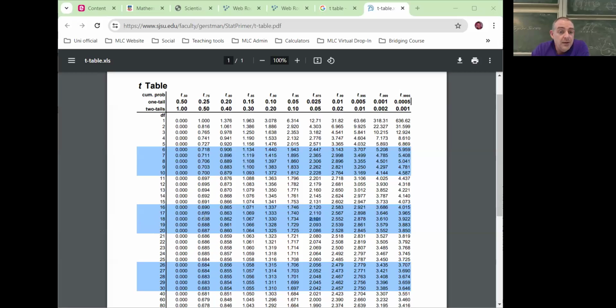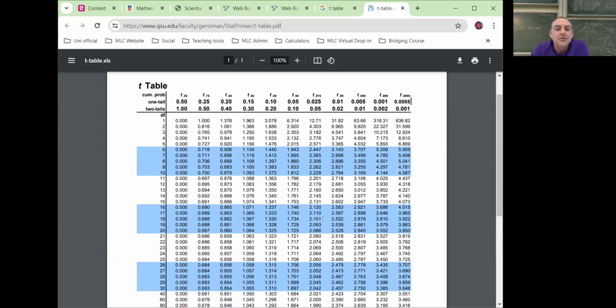Here's row 18, and the 0.05 number is 2.101. So that's for the two-tailed 0.05. And my t statistic is 3.36, which is further out than 2.101, which is in the rejection region.